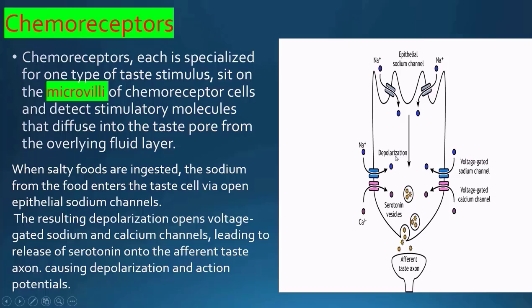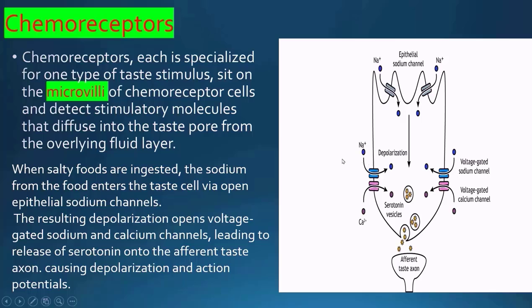The resulting depolarization opens voltage-gated sodium and calcium channels, leading to release of serotonin onto the afferent taste axon. Sodium enters, it opens the sodium channel and the calcium channel, and the calcium enters into the taste receptor cell and acts on the vesicles and ruptures them. These vesicles release their neurotransmitter on the afferent taste axon, and in this way impulses are sent to the higher centers.